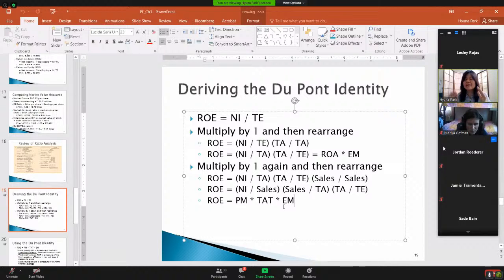So if all else equal, company A uses more debt than company B, company A will have a higher equity multiplier, so company A will have a higher return on equity. Even though their operations look exactly the same, because of leverage, return on equity will be higher. But that's during a normal period.